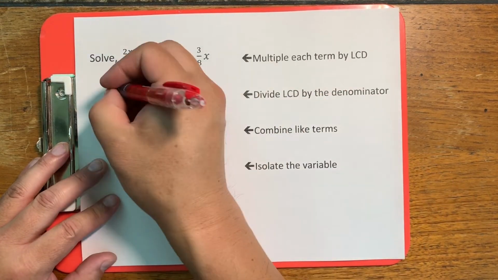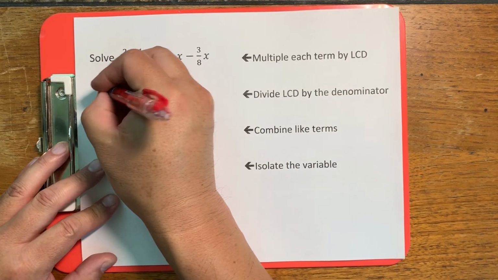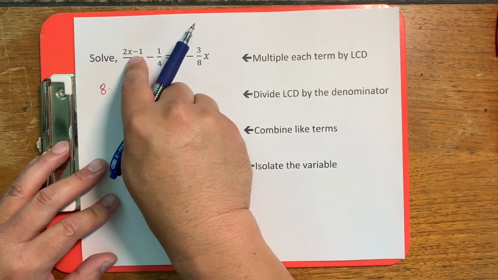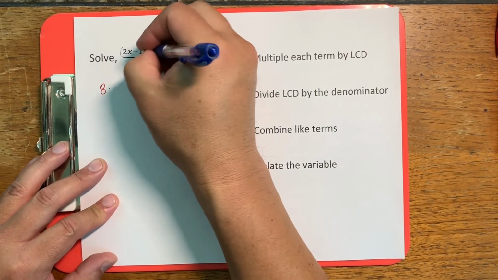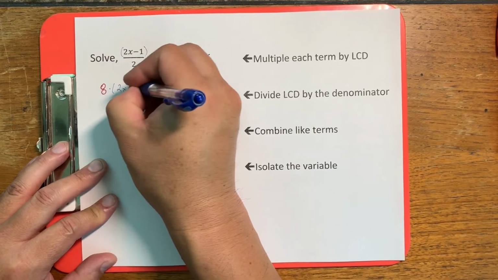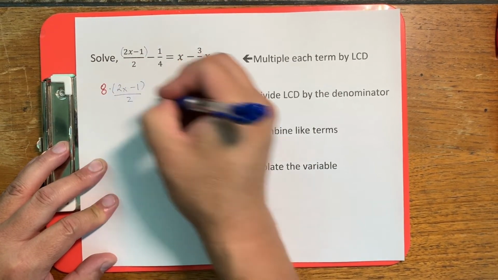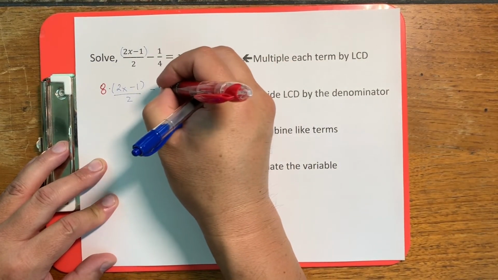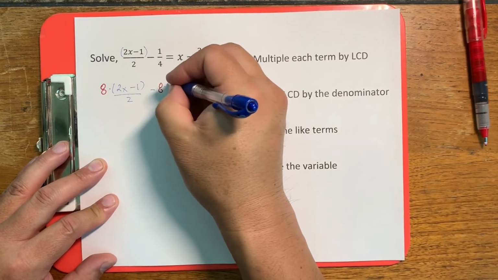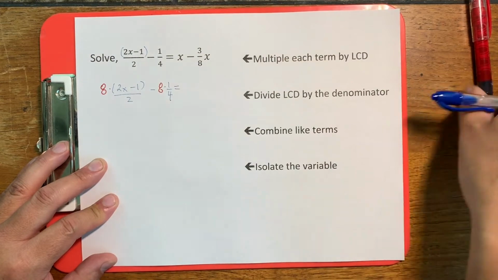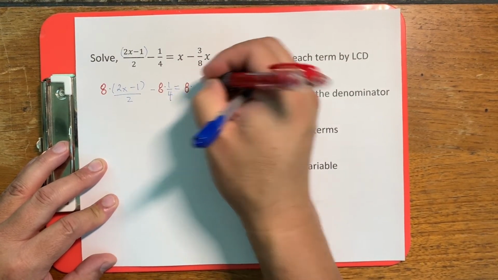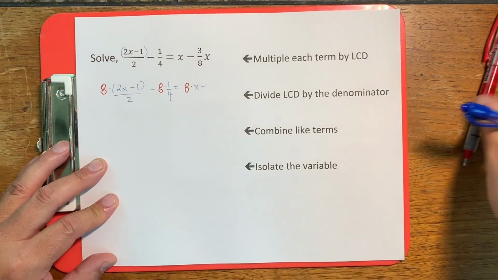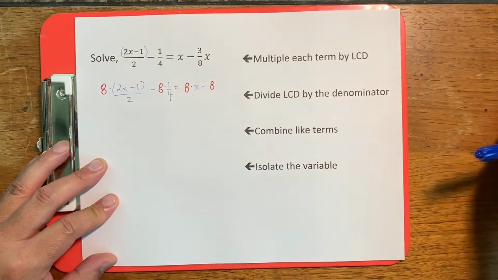So we'll go 8 times, and even though there's not a parentheses there, there's a parentheses there, 2x minus 1 divided by 2, minus 8 times 1/4 is equal to 8 times x minus 8 times 3/8x.